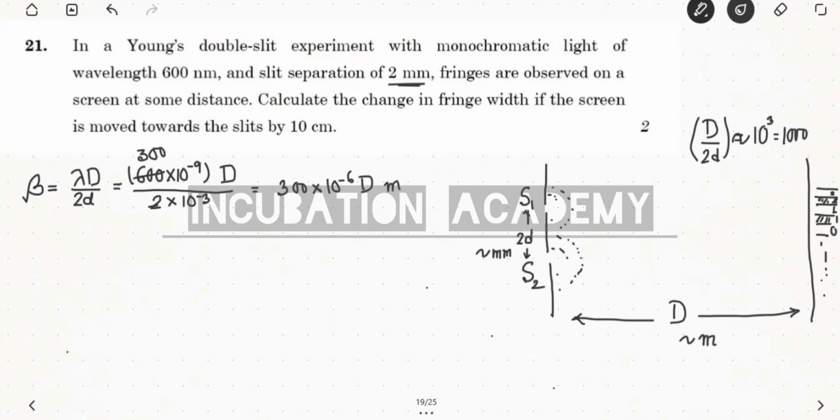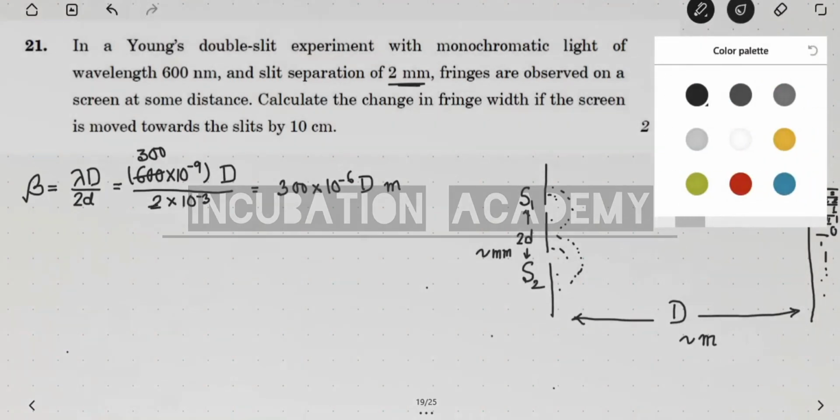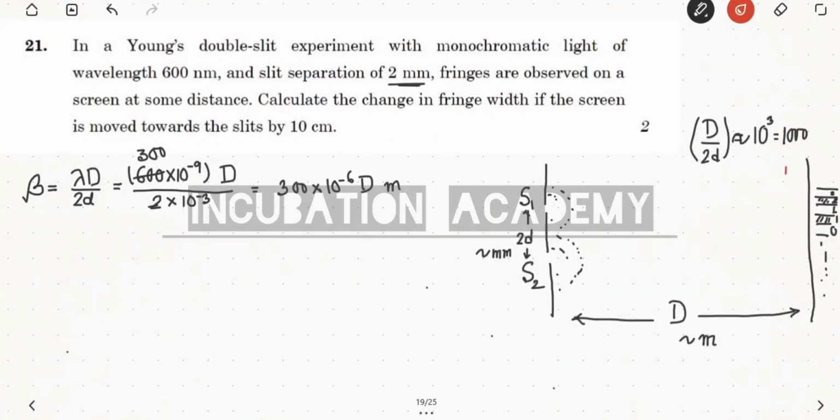Now what will happen if the screen is moved towards the slit by 10 centimeter? If I take another color, this is now the position of the screen, and the separation between the two positions is 10 centimeter, that is 10 divided by 100 meter, so 0.1 meter.